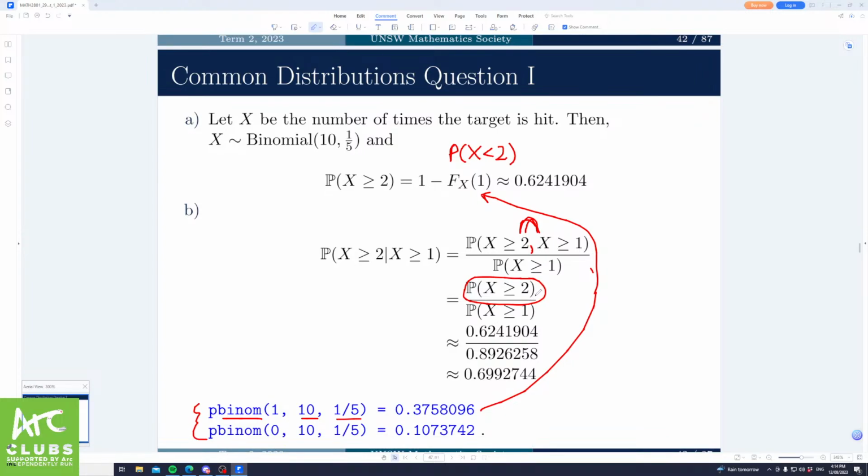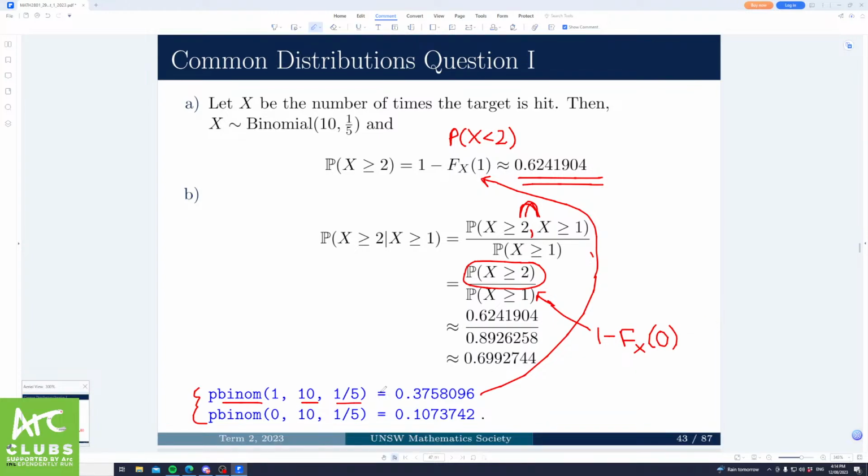We know the probability of X is greater than or equal to 2 because that was our answer in part A. All we've got to do is find this denominator, but again, using complements, we can write that as 1 minus the probability of getting 0 successes, or F of 0, where F is the CDF, and again, we're provided with that value. That would be this bottom value here, and we know that's 0.107 something, so our denominator is going to be 1 minus that. It's going to be 0.89, and so on. And we plug it into our calculator and we are done.